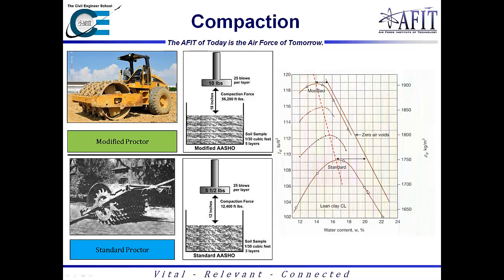And so looking over here at this curve, this is the same soil, just done with different compactive forces. So down here we have a standard Proctor test. However, up here we have the modified Proctor.